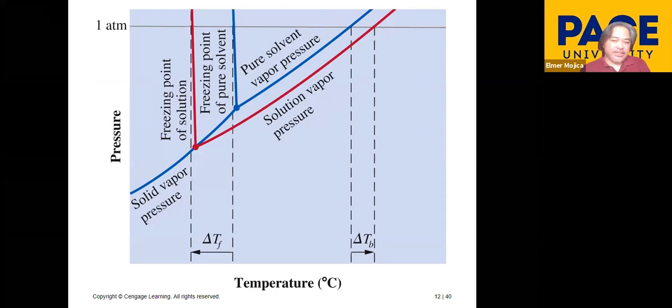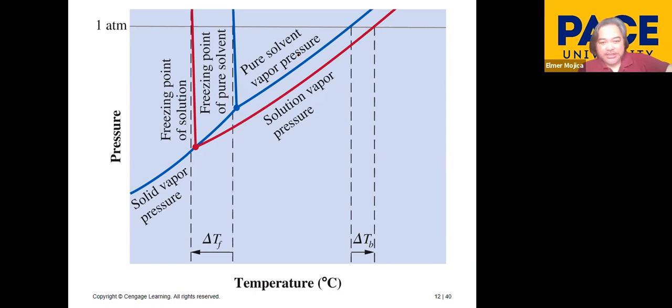As you can see here, this is the freezing point of the pure solvent. If you make that solvent into a solution, the freezing point becomes lower. And in terms of the boiling point, the boiling point of the pure solvent is lower. If you make it into a solution, it will become higher.